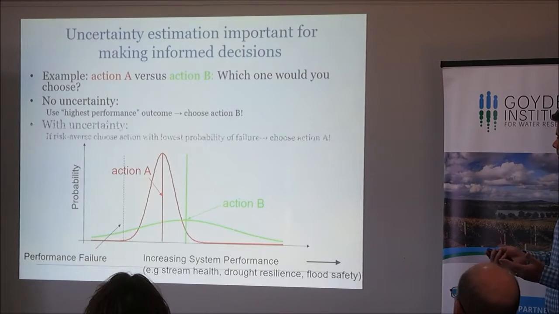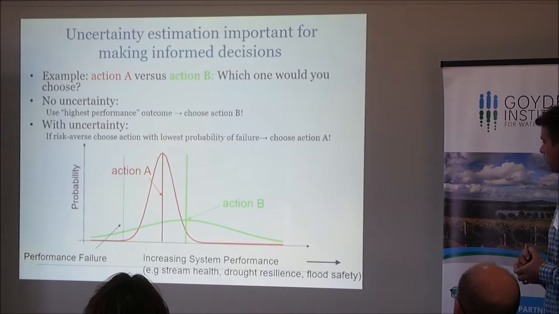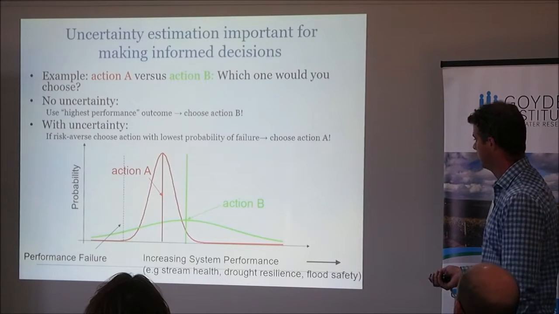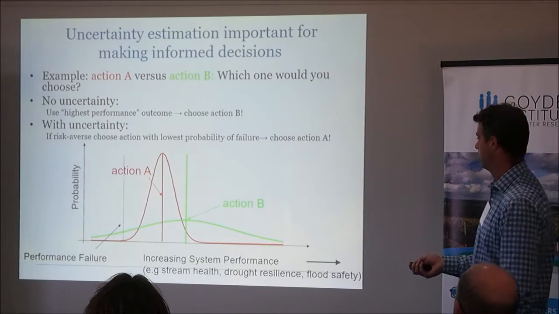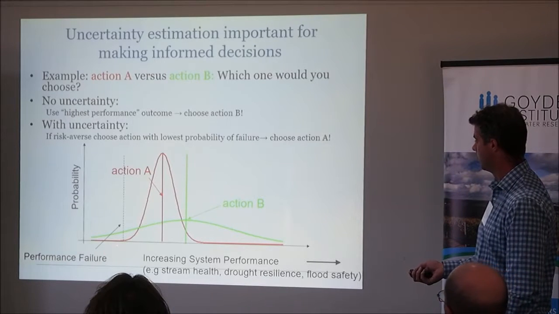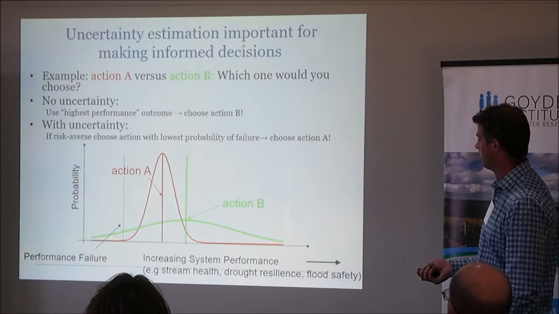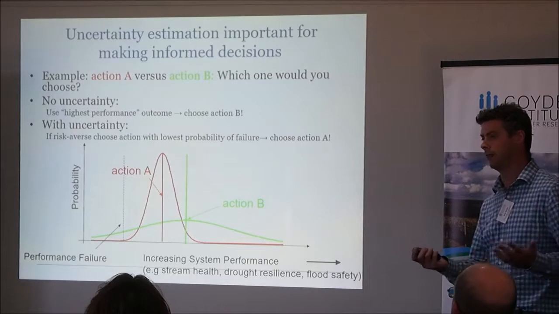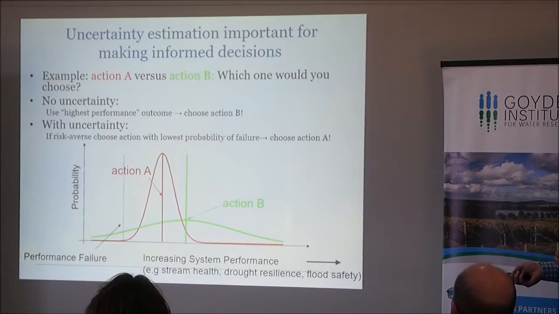But the whole point is to look at the range in those outputs, what could happen. In this case, it depends on what we're trying to do. If it's about avoiding this, that's what we care about. And this green little area here is bigger, so the green action is actually more likely to fail than the red action. It's not as good, but it's also more likely to fail.